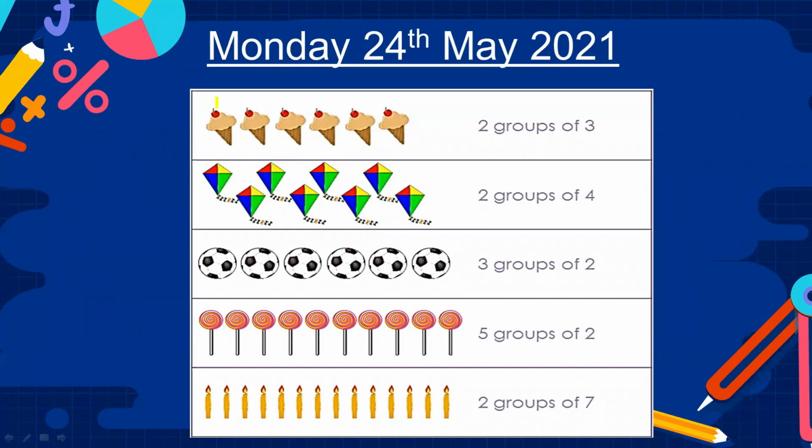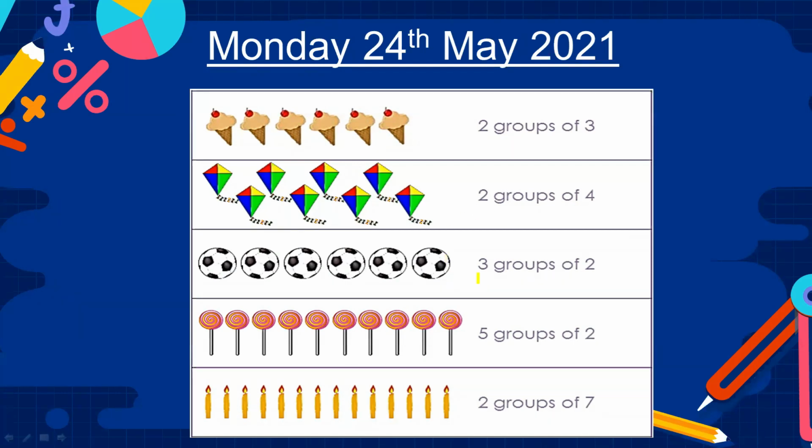So we have here 1, 2, 3, 4, 5, 6 ice creams. So you are going to circle 2 groups of 3. Count 3 and then you circle. So 1, 2, 3, circle. 1, 2, 3, circle. Number 2, we have 2 groups of 4. So you have to count 4 and then you circle. Okay?